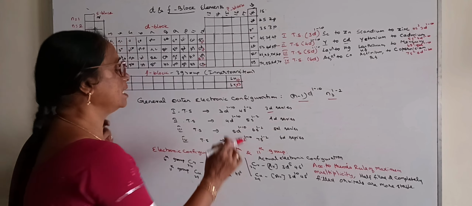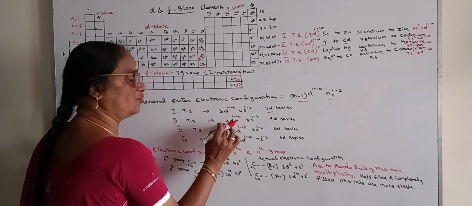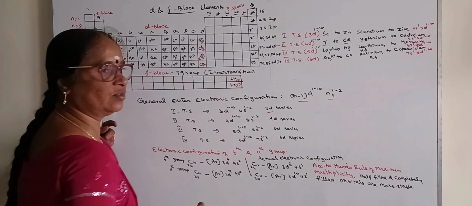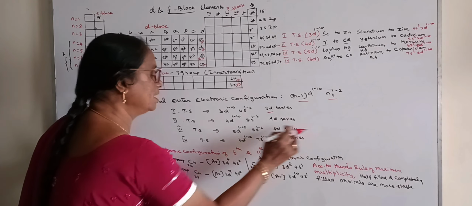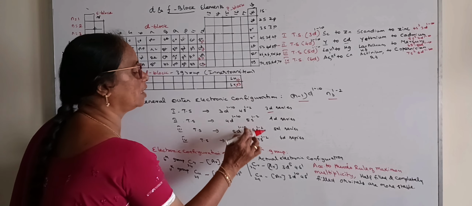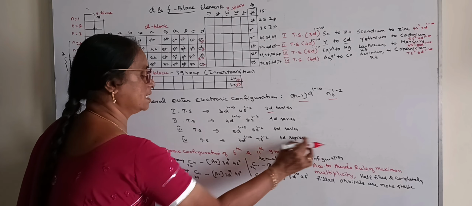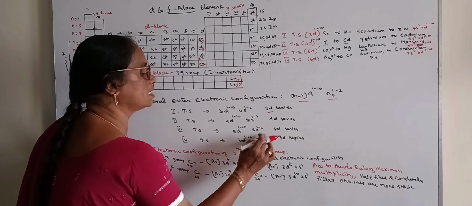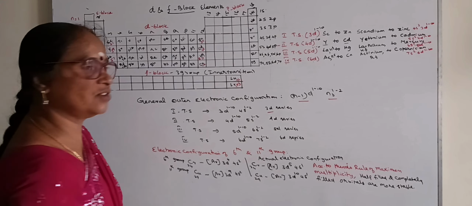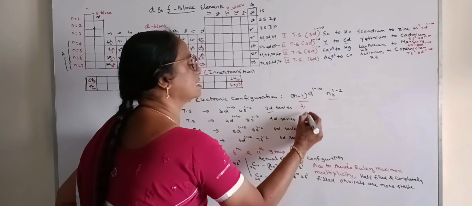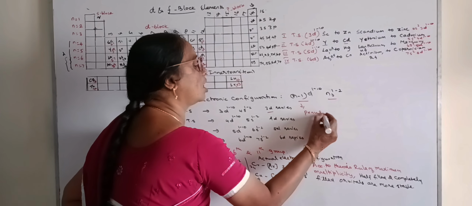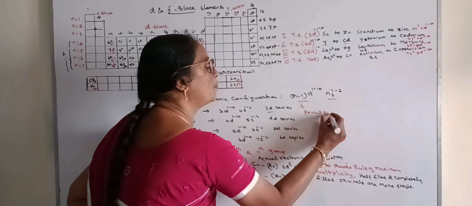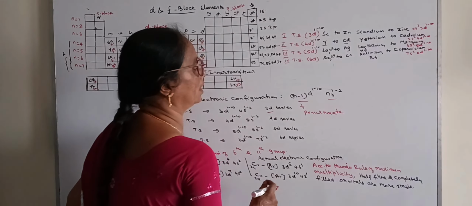In the 4d series, they can have 4d1 to 10 followed by 5s1 to 2. For the 5d series it is 5d1 to 10, 6s1 to 2, and the 6d series 6d1 to 10, 7s1 to 2. So the differentiating electron enters into the penultimate orbital after filling up of the ultimate orbital.